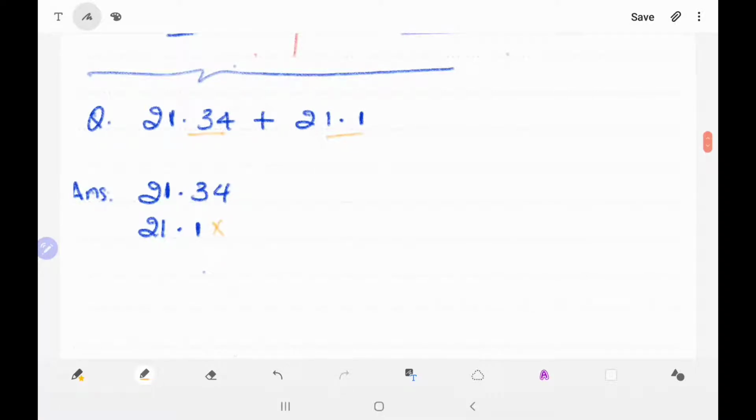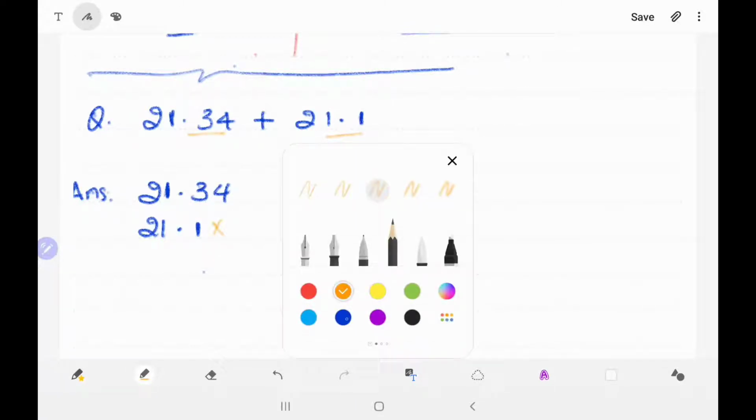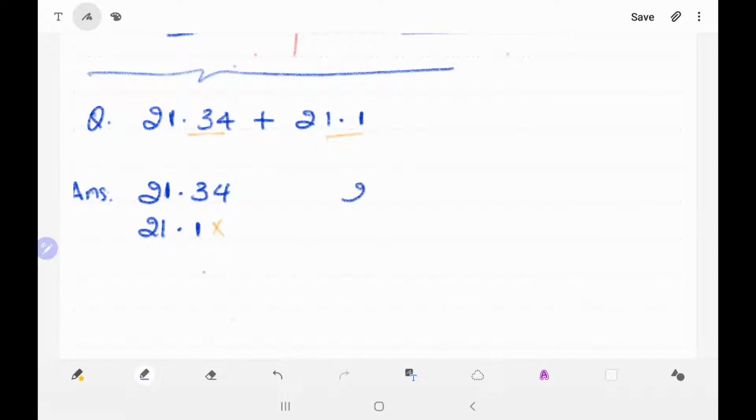Okay, Josie, this is the key: you should not write this question this way, 21.34 and 121, where the dot is in the wrong place.